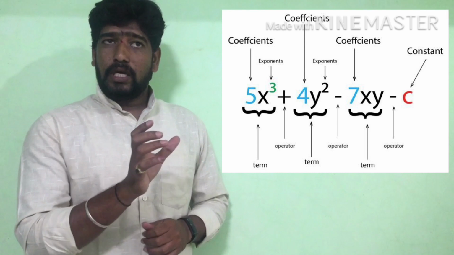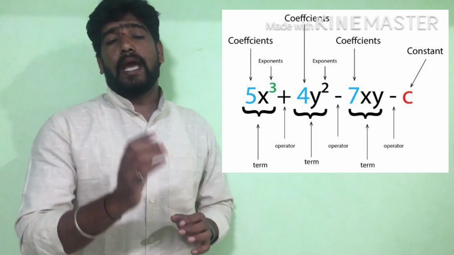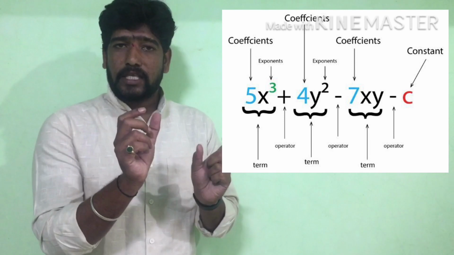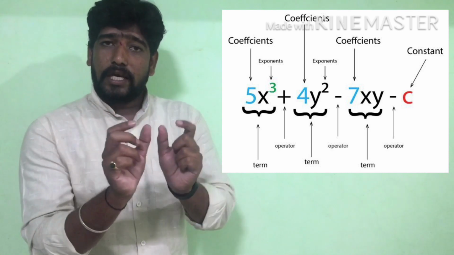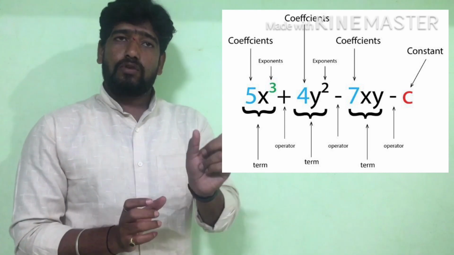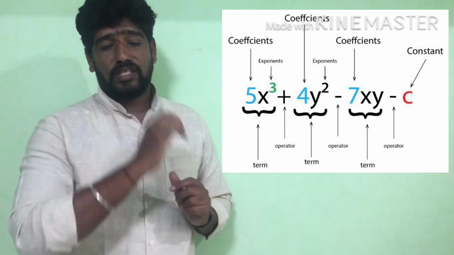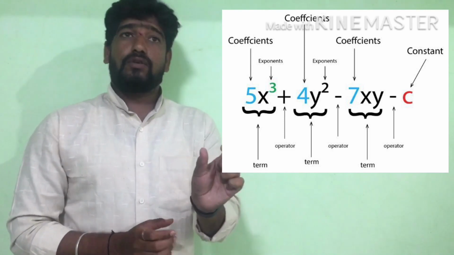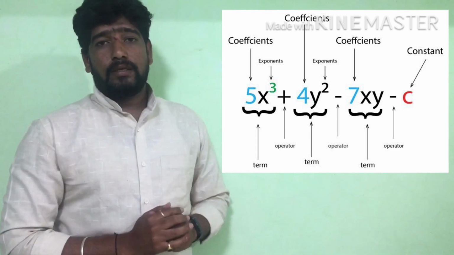Here the constant terms are there, the variables are also there, connected by addition, subtraction and multiplication. 5 and x cube are connected by multiplication, and 4 and y square are connected by multiplication. 5x cube and 4y square are connected by addition. 4y square and 7xy are connected by a subtraction symbol.